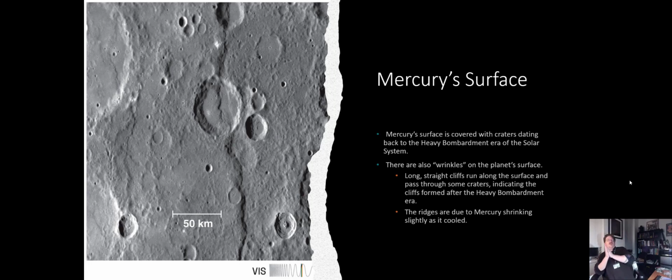But we also have these things called scarps, which I'm sure a geologist could tell me why they're called scarps. But scarps are giant cliffs, and we believe that these originated from a very rapid cooling event.